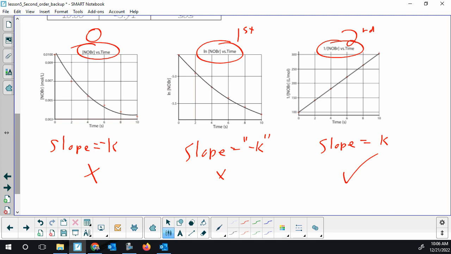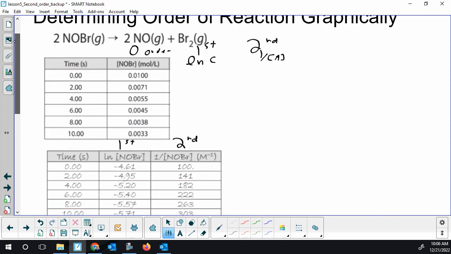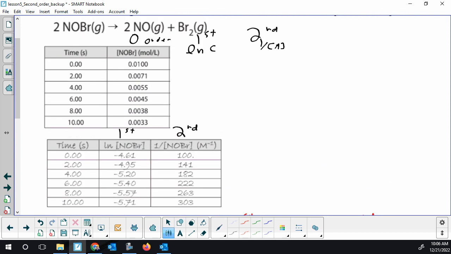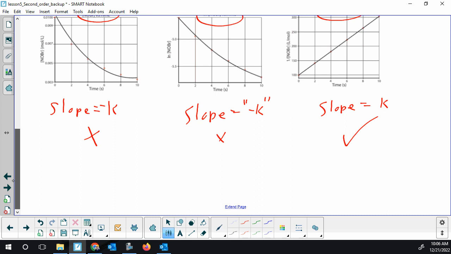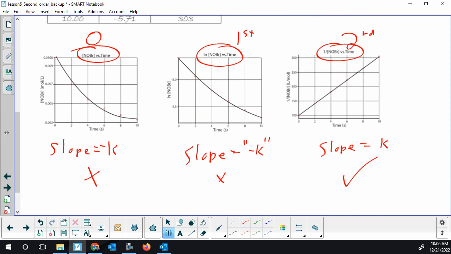So that data, just by inspection, I'm assuming nobody's looking at that and going, aha, that's second order. You really need to do the mathematical calculations and plotting to figure out both something about the kinetics, the k value, and its order.